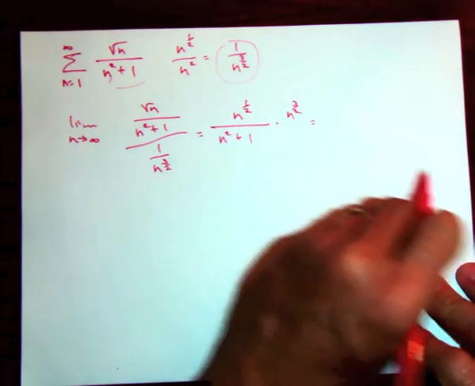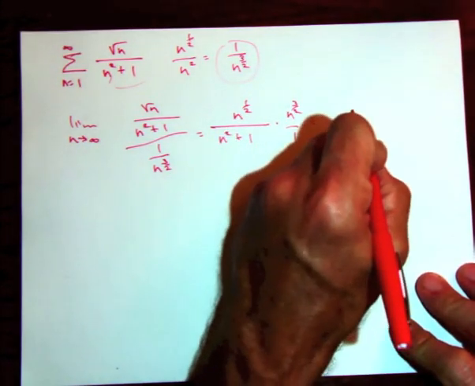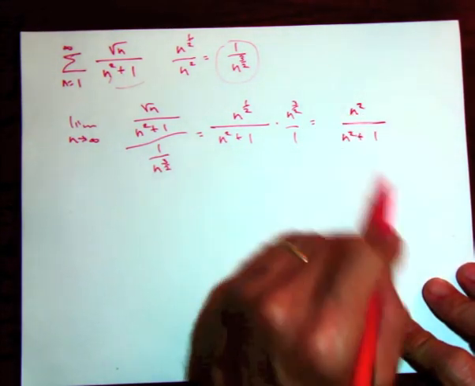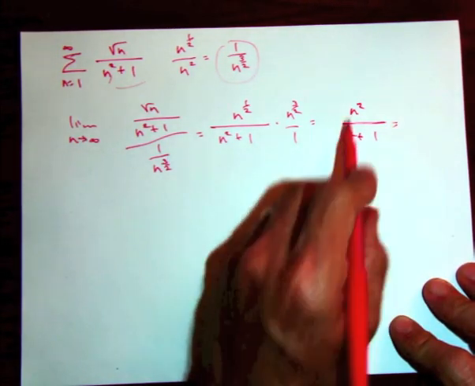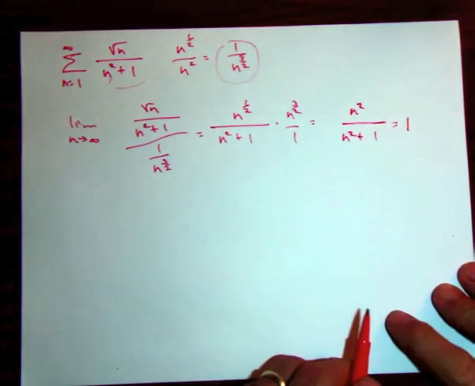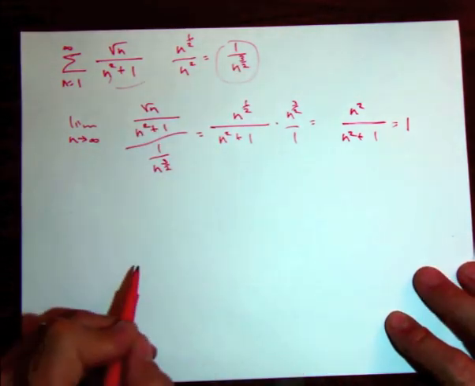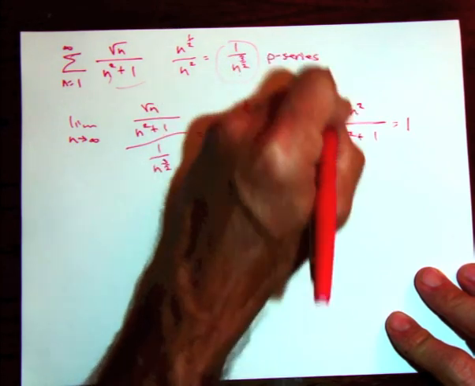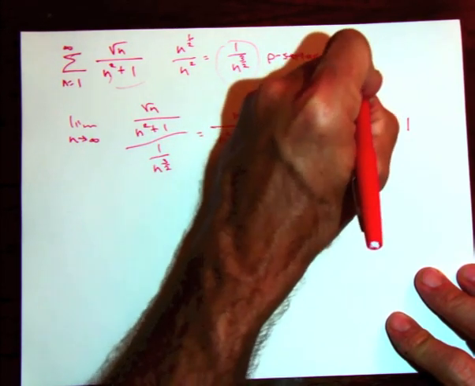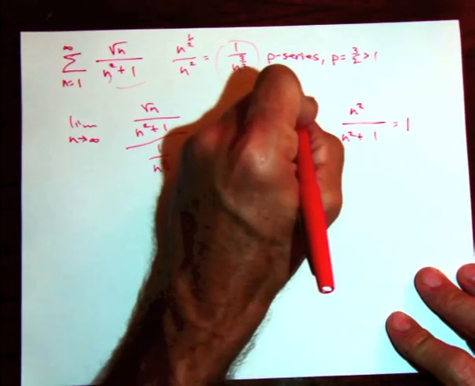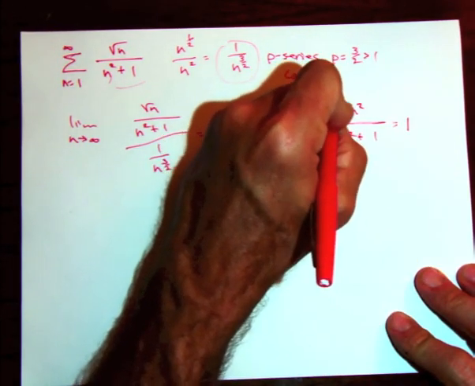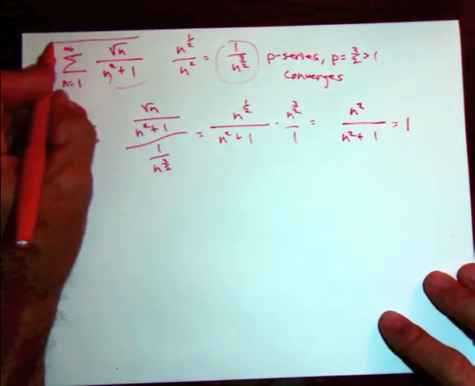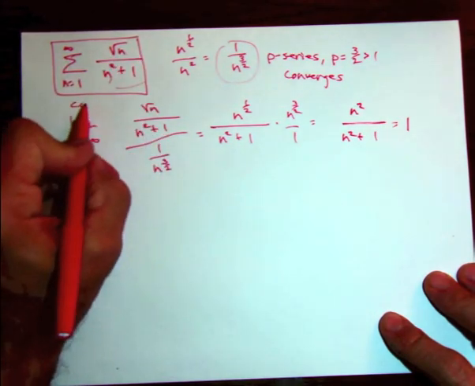So I get n squared over n squared plus 1. Again, that limit is going to be the ratio of the leading terms, so that's 1. So what do we know about 1 over n to the 3/2? That is a p series with p equal to 3/2. That's greater than 1, so it converges. And so by the limit comparison test, this series also converges.